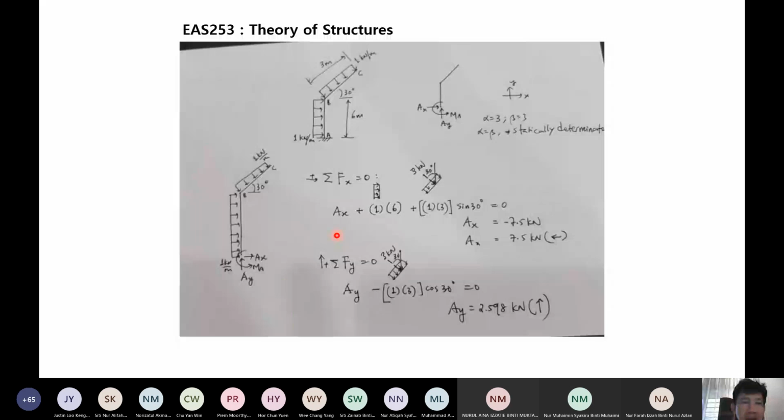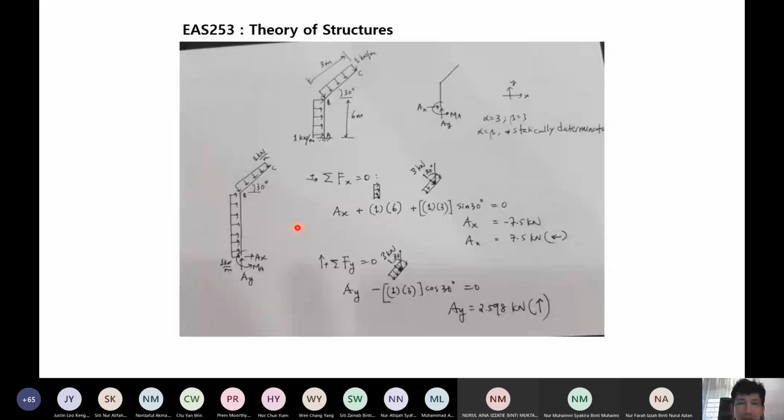So look at this free body diagram, we have AX here. Then the next, look at this loading, it is acting horizontally in X direction, so we need to consider them. So how to consider? Get the equivalent load, which is 1 multiplied with 6. This is for this UDL, which is acting in X directions to the right.